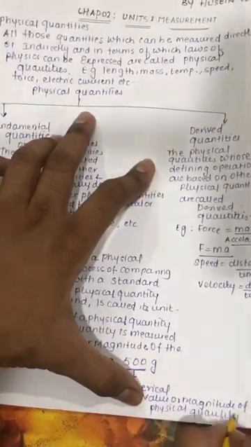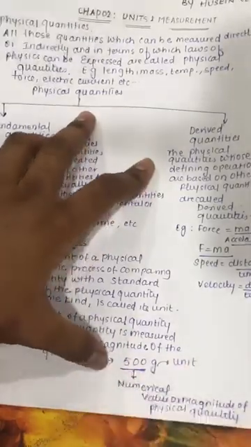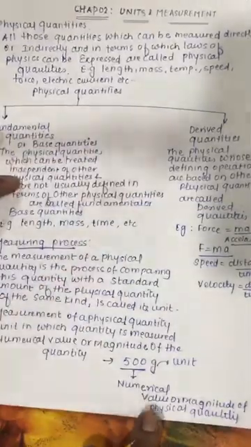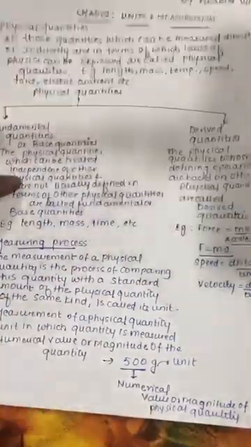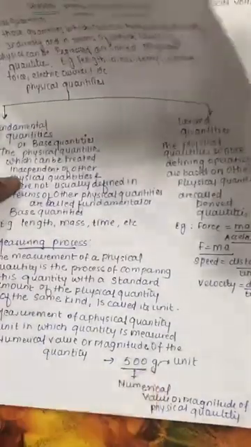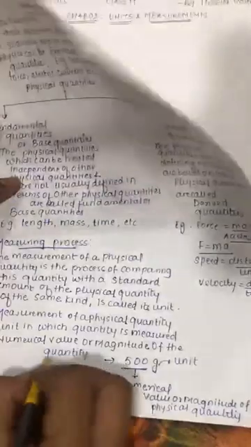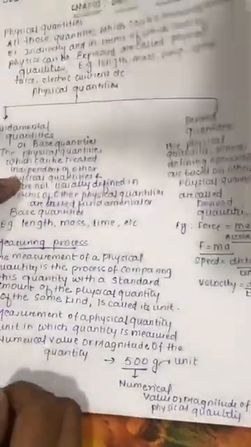And what is this g? That is your unit. This entire thing you have to keep in mind in the measuring process. The very first is the unit in which the quantity is being measured, and second is the numerical value or magnitude of the quantity. Now what does magnitude or numerical value actually mean?